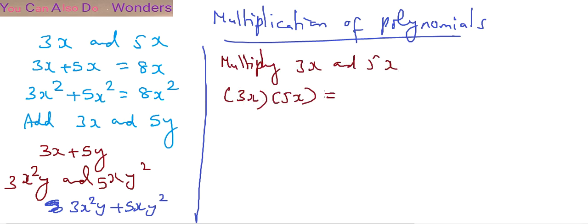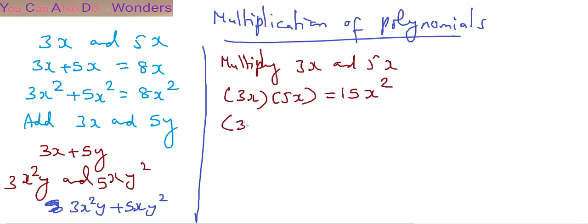First multiply the numbers, 3 into 5, 15, and x into x, x square, because we learnt how to multiply exponential numbers when the bases are same. We will add the powers. x into x is x square, because x is x power 1, so x power 1 into x power 1 is x power 1 plus 1, 2. So 15x square.